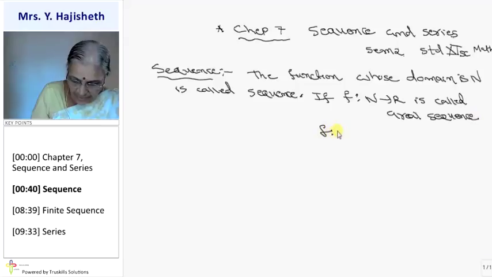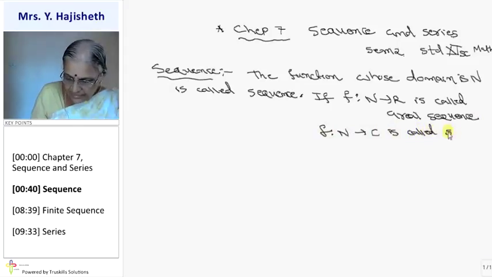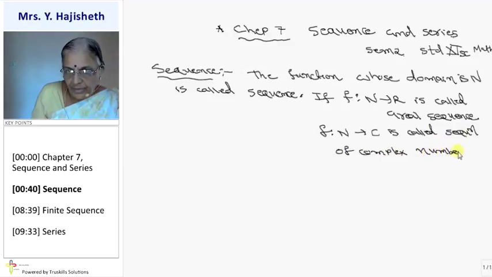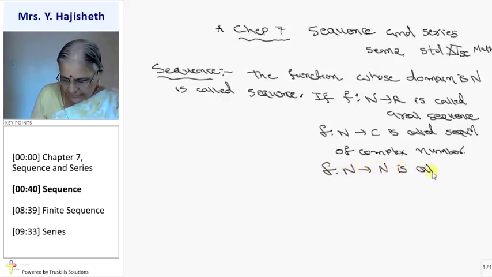If f is from N to C, C meaning the set of complex numbers, then this sequence is called a sequence of complex numbers. If f is from N to N, then I call it a sequence of natural numbers. But every time the domain will remain N.